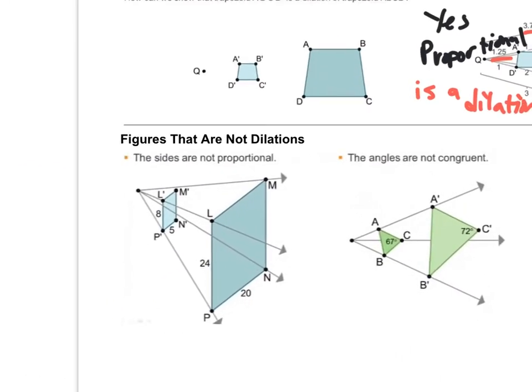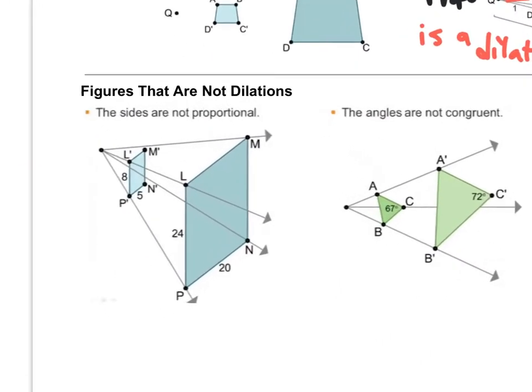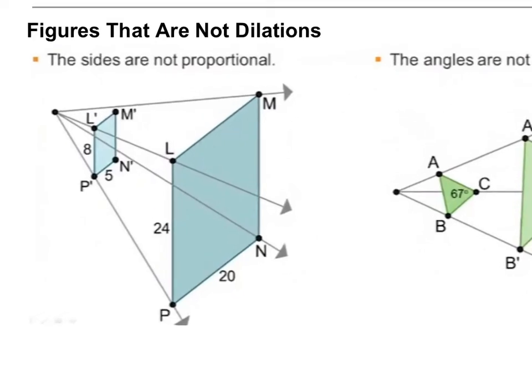Here's what I know about figures that are not dilations. If I look at L prime P prime, which is 8, and LP, which is 24, let's make a fraction out of that. Let n equal 8 divided by 24.